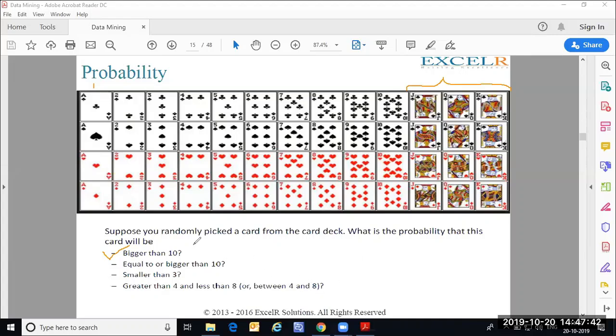So the number of interested events are 12, divided by the total number of cards that we have, which is 52. I already told that let's treat A as 1 for the time being.